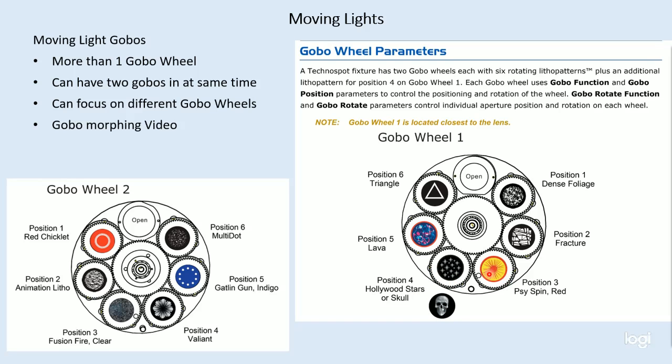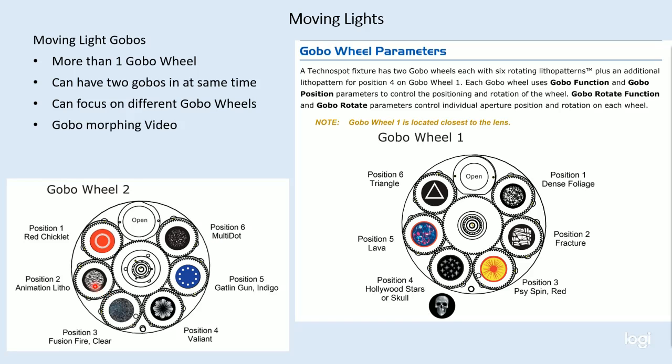And then this sunburst and construction gobo, and then leaves, and then obviously the open position. And all of these gobos can be indexed or rotate. Now, we also have a second gobo wheel, and it has entirely different gobos in it. So it's got lots of dots.